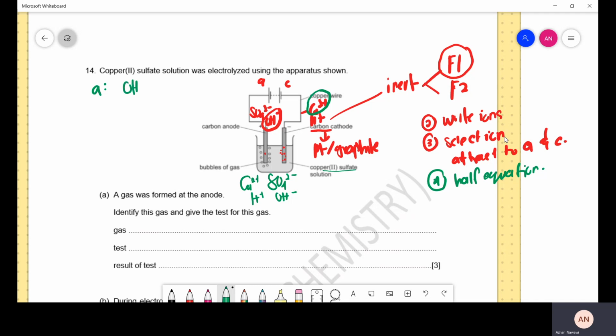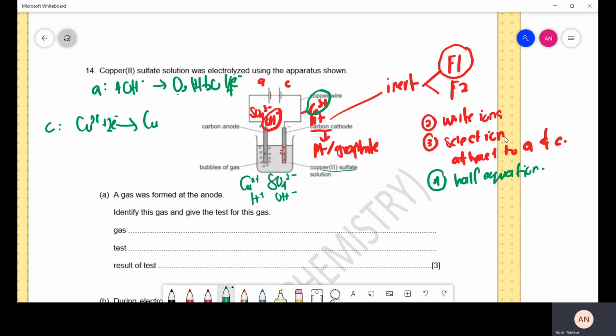OH minus is discharged to become neutral: O2 plus H2O plus electrons. You balance it, and you get 4OH- producing 4 electrons. Do the same for the cathode. At the cathode, you choose Cu2+, discharged to become Cu by gaining 2 electrons.